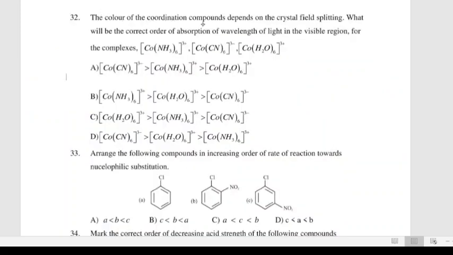The color of the coordination compounds depends upon the crystal field splitting. What will be the correct order of absorption of wavelength of the light in the visible region for the complexes? For this type of question, we need to look at the strength of the ligand. The stronger the ligand, the more energy it absorbs, then the lesser will be the wavelength.